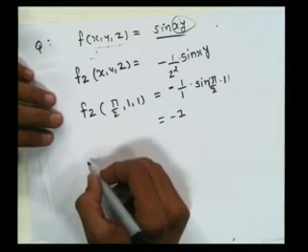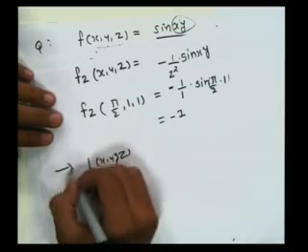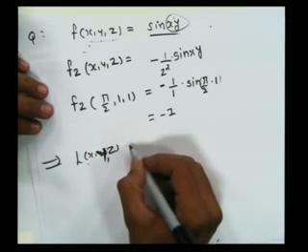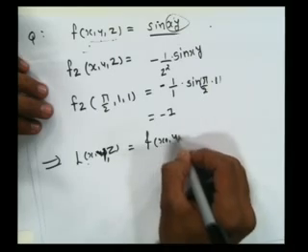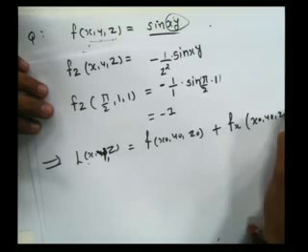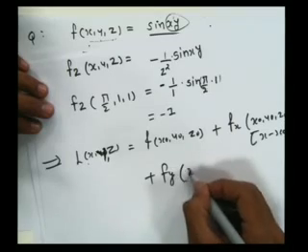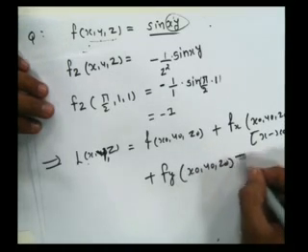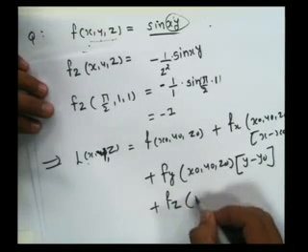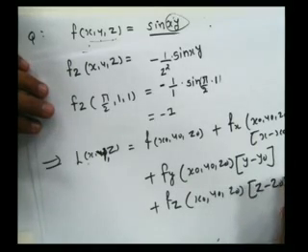Let us write down again the linearization formula for any three variable function: L(x, y, z) = f(x0, y0, z0) + fx(x0, y0, z0)(x − x0) + fy(x0, y0, z0)(y − y0) + fz(x0, y0, z0)(z − z0).